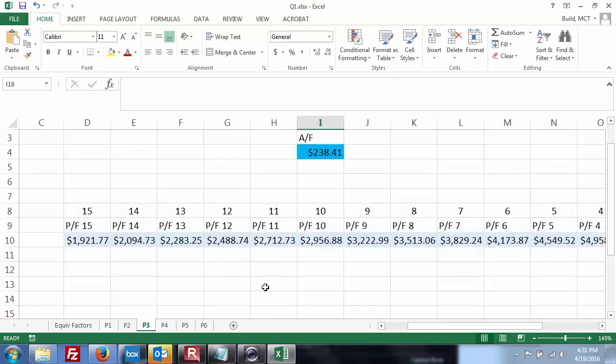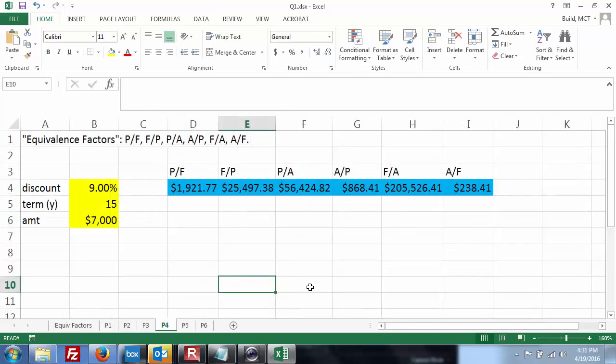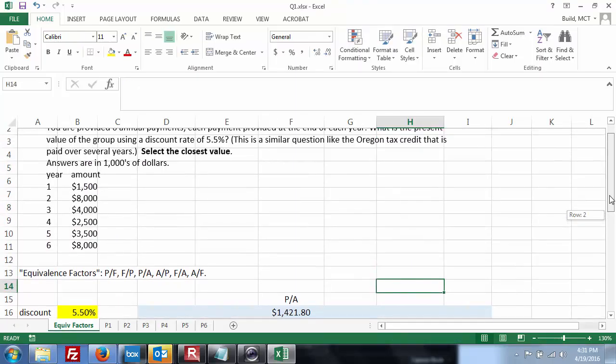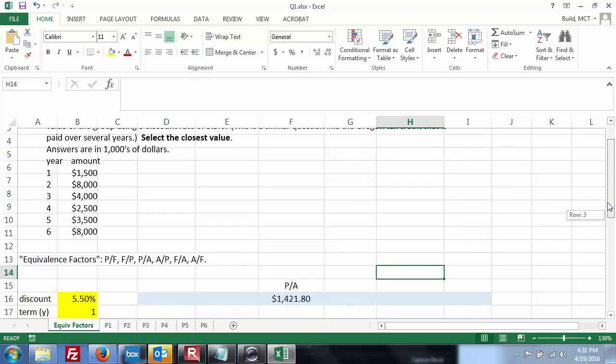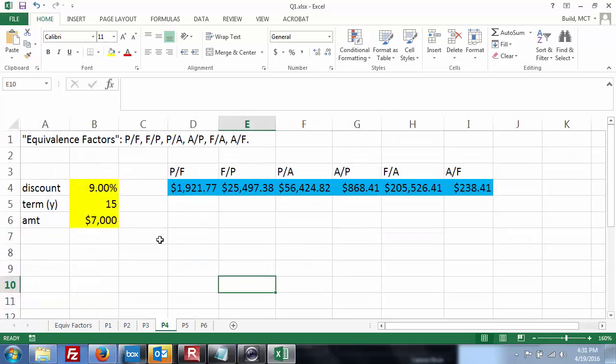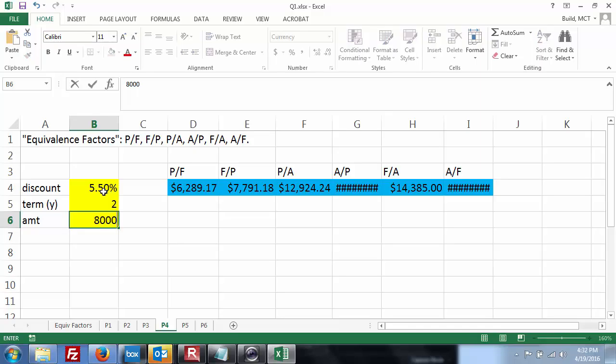Let's look at this one. I'm just going to pop in another. So if we had 8,000 in 2 years, let's do that here. 5.5, 2 years, 8,000.